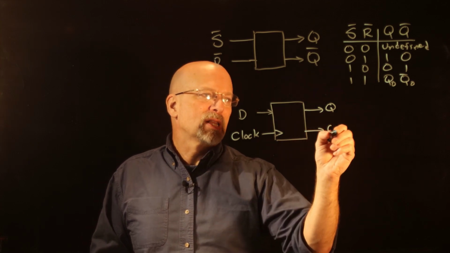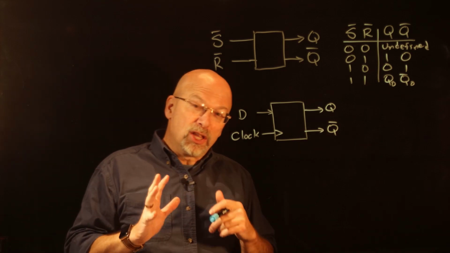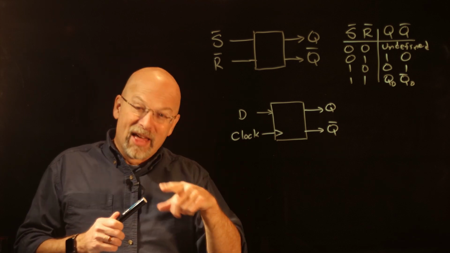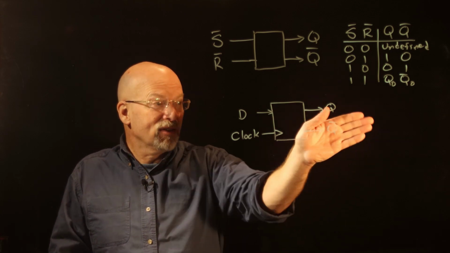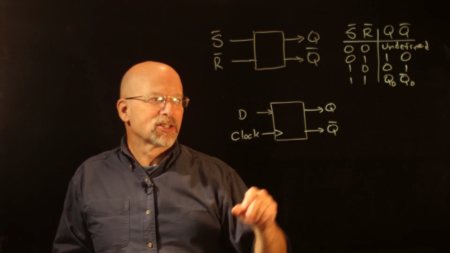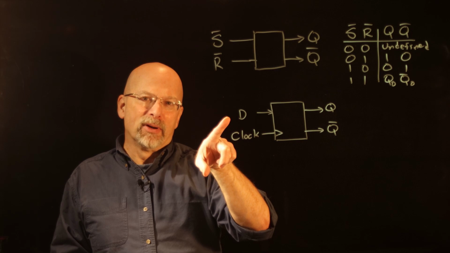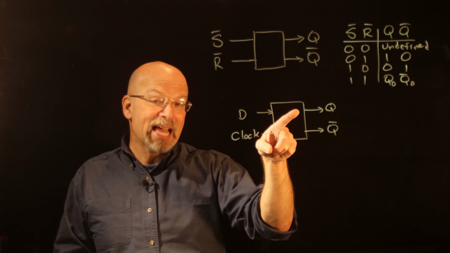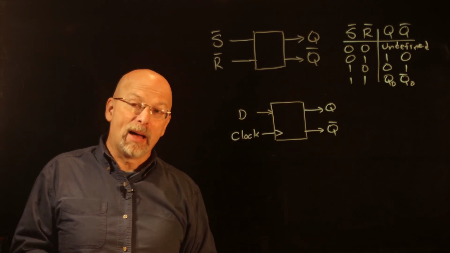And of course, we still have Q bar, because in order to store Q, remember that circuit we used, we have an inverter going into an inverter with that feedback loop. That Q bar is still inside. Even if we don't release it from the box, it is still in the box. So what we've got is this device that has a data input, a clock to store it, a Q, which is what has last been stored in the box, and Q bar the opposite.